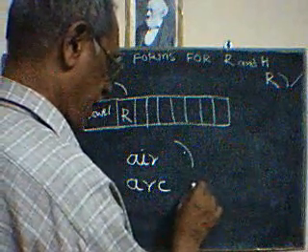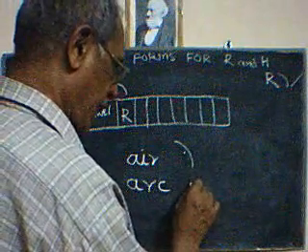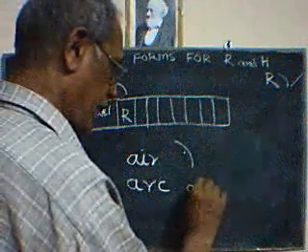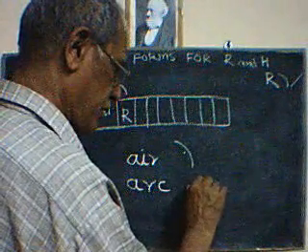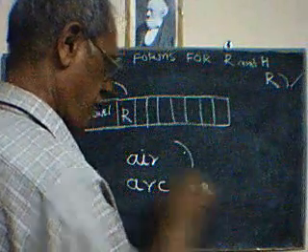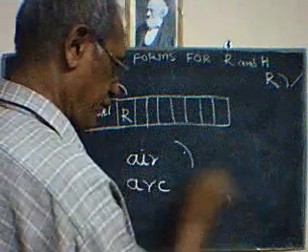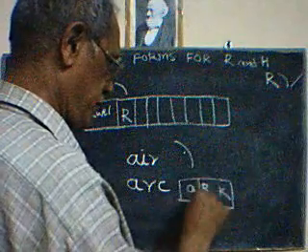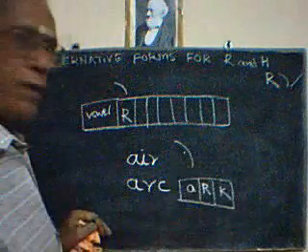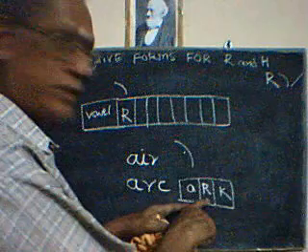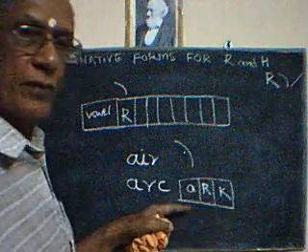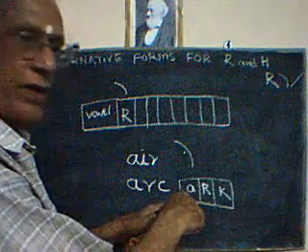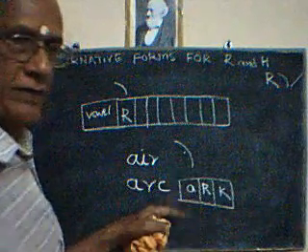A is the vowel, R is the consonant, then K. So the first consonant is R, and before that there is a vowel. Arc.